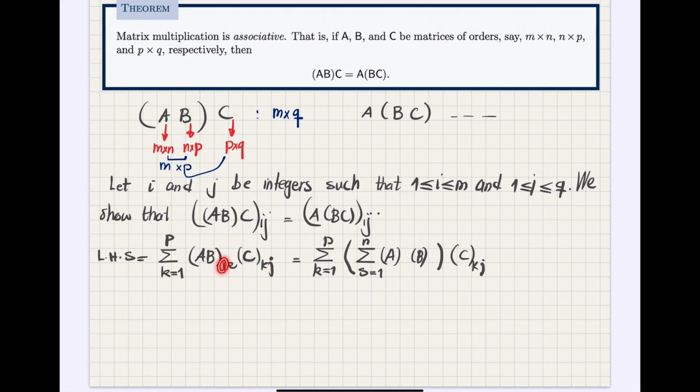Because this is I and this is K. So A should start with I, B should end with K, and the middle indices are the counter of the sigma. Agree?